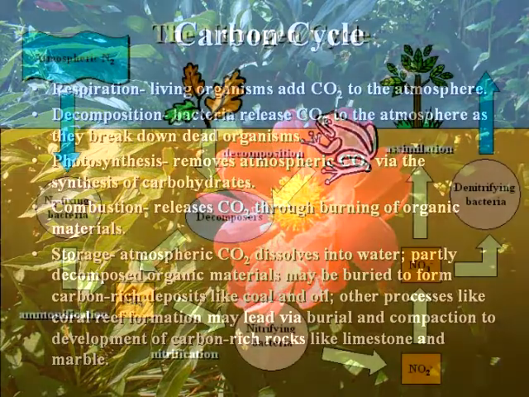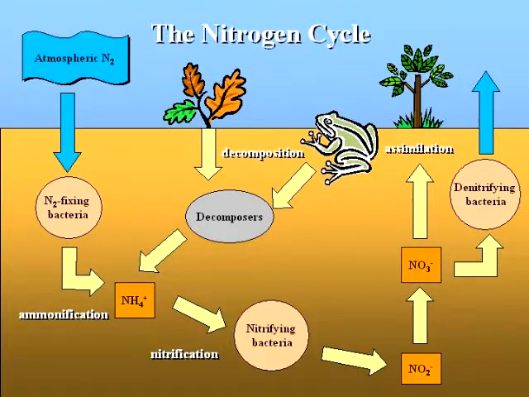So let's move on to the next cycle, the nitrogen cycle. You may recall that most of our atmosphere is actually composed of nitrogen, but you may not have also realized just how important nitrogen is as a component of biomolecules.